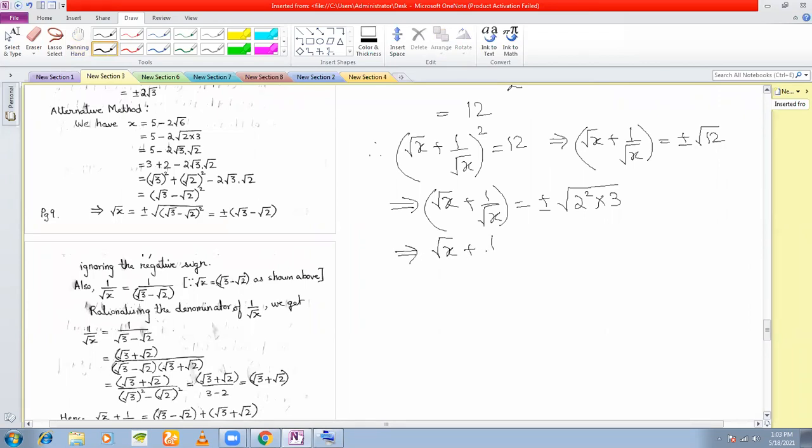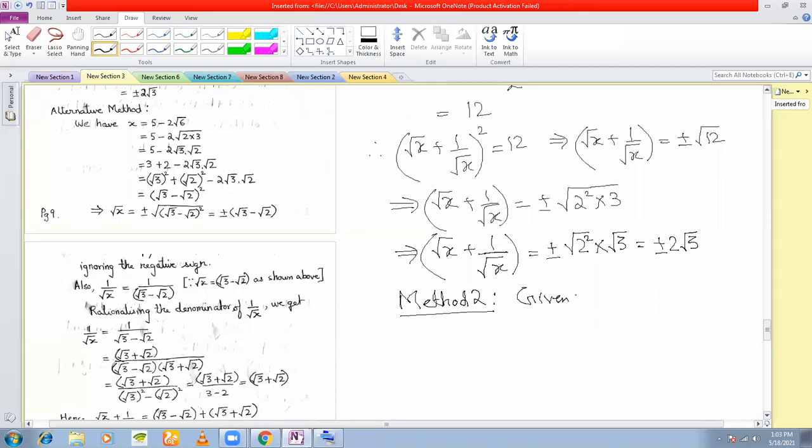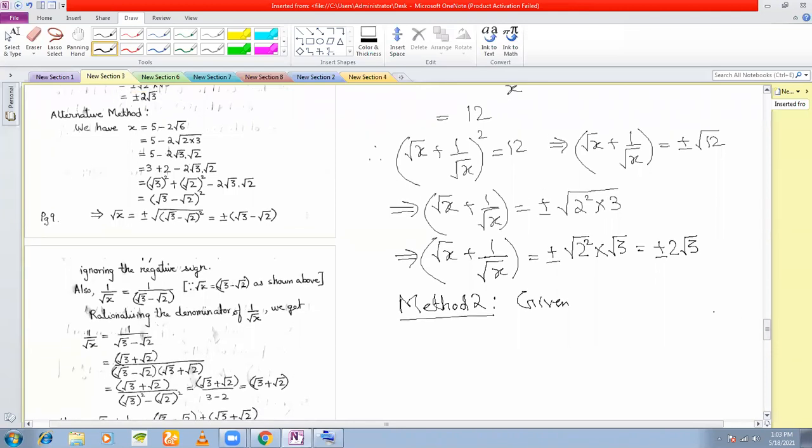Root x plus 1 by root x is equal to plus or minus root 2 square into root 3, which you get as plus or minus 2 root 3. Okay, that's it. This was method 1. Now I'll show you method 2. Given here, what is the value of x? 5 minus 2 root 6.